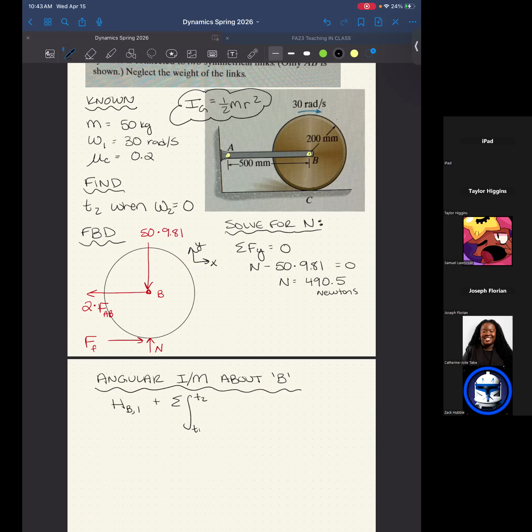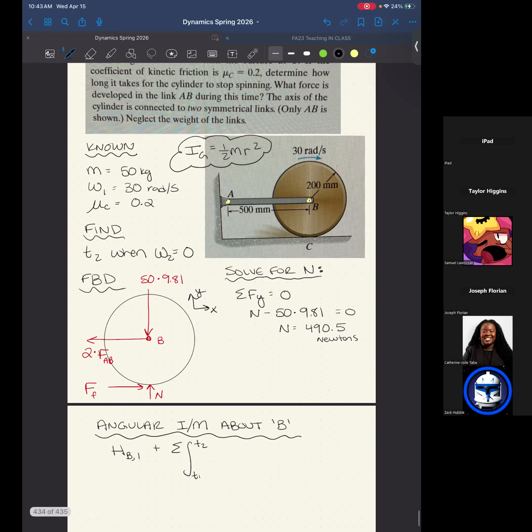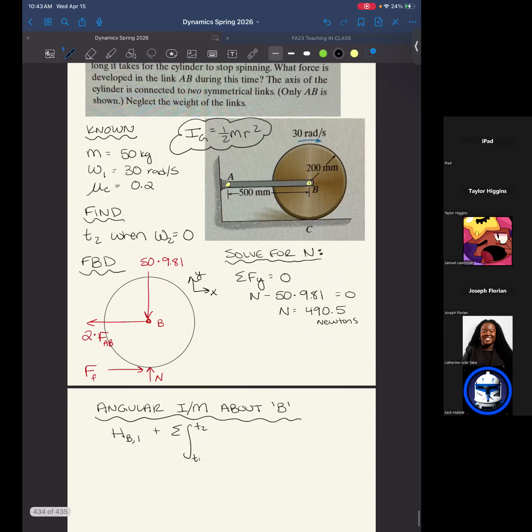Don't you need it for the second half of the problem? Oh, yeah. I forgot the second half. Okay, so sum of forces in the X equals 0. So force of friction minus 2F_AB equals 0, which is 0.2 times 490.5 minus 2.